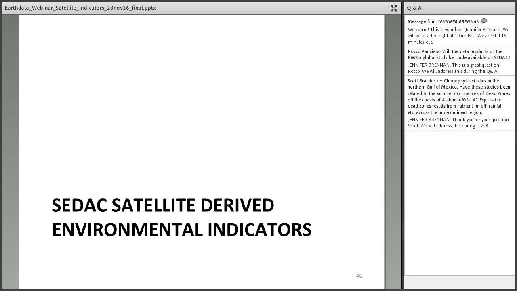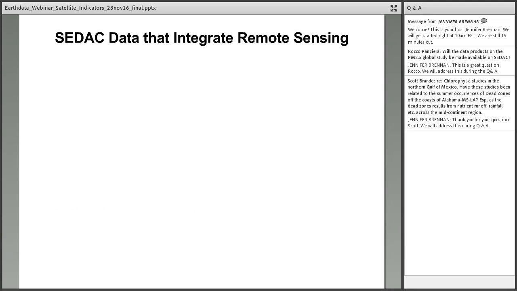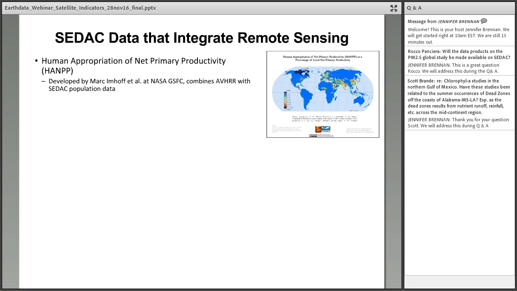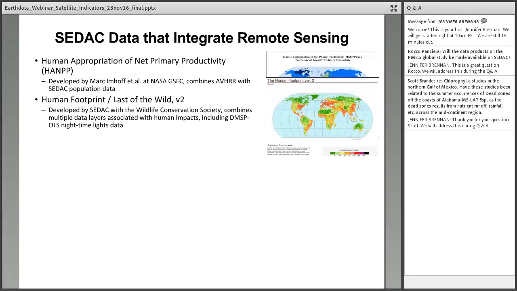So I'm going to now turn briefly to some of the SEDAC derived data products that have either inputs of satellite data or are derived wholly from satellite data. These are some of the data products that integrate remote sensing, and they include the human appropriation of net primary productivity, which is based on NPP data from the AVHRR long-term time series.